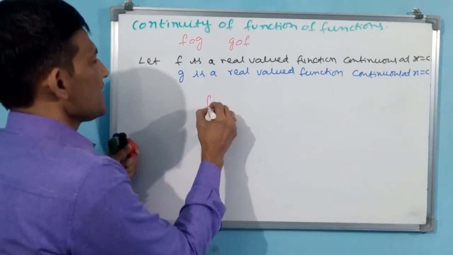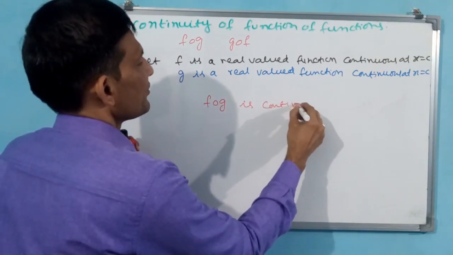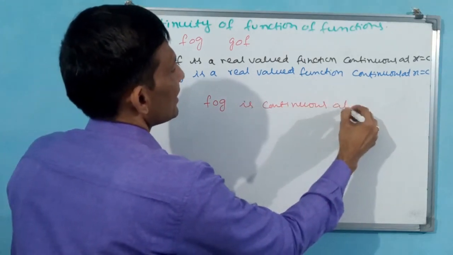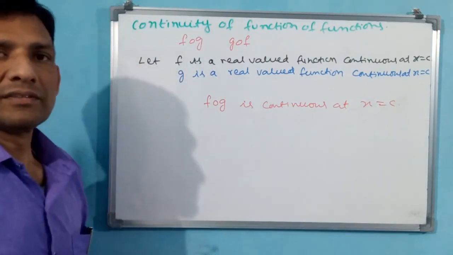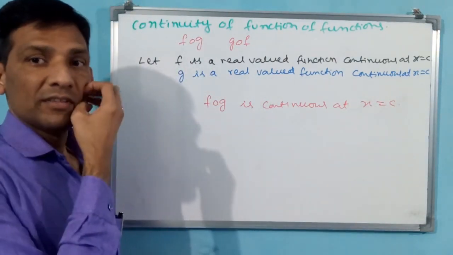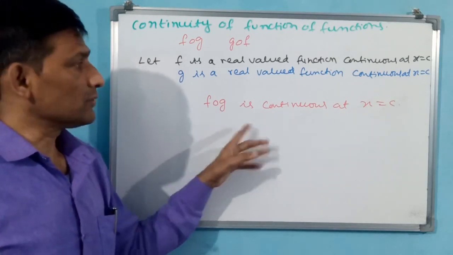Now we can say f of g is continuous at x is equal to c. You understand now? That means the continuity of a function of functions is also continuous only.